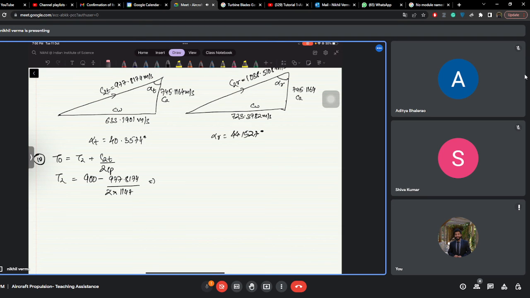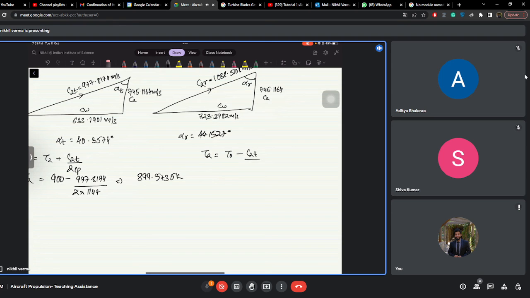So if you calculate this, this is 899.5735 Kelvin. And similarly, you can calculate what is T naught for this also, minus C2 at the tip squared by 2 Cp.